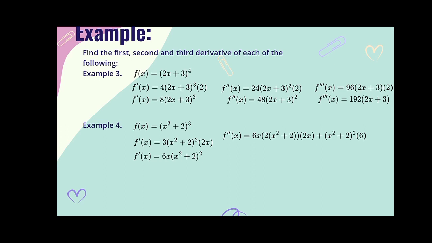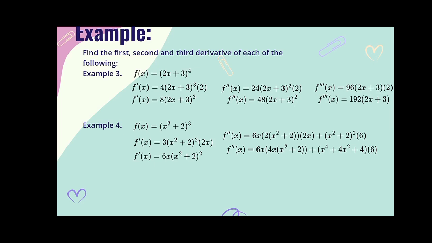Then we will add the x squared plus 2 raised to 2, which we only copy from the given first derivative. Then we get the derivative of 6x, which is 6. Then we now simplify by multiplying 2 to the 2x, so it will become 4x.